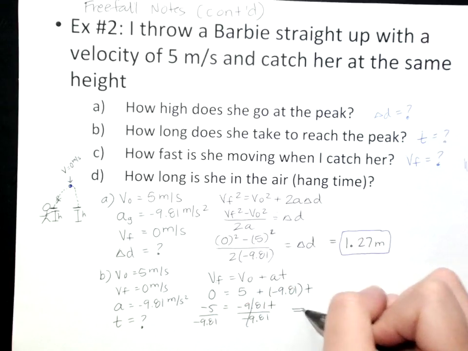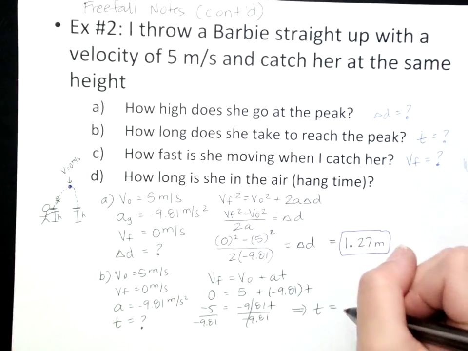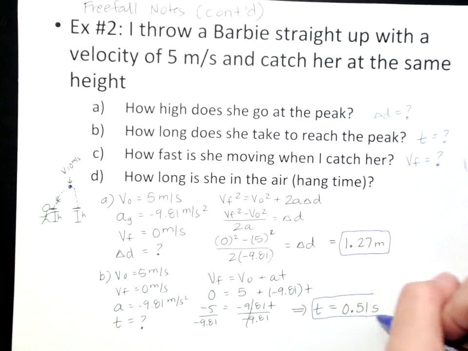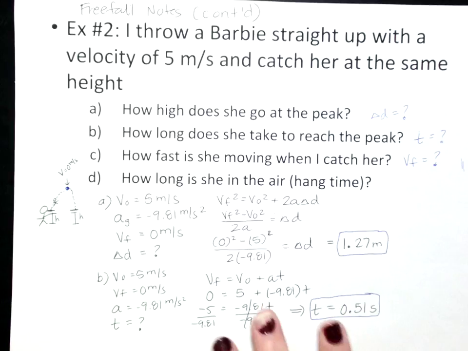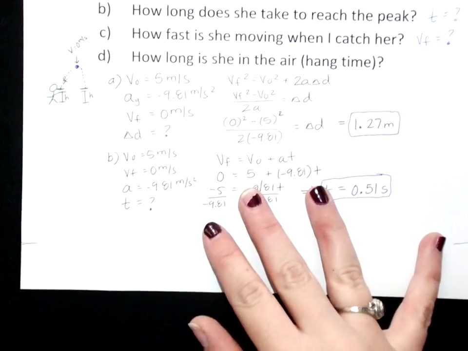We get T equals 5 divided by 9.81, which is a little bit more than a half a second, so 0.51 seconds to get to the peak. So let's keep going. I'm going to move up the page so you can see the rest.